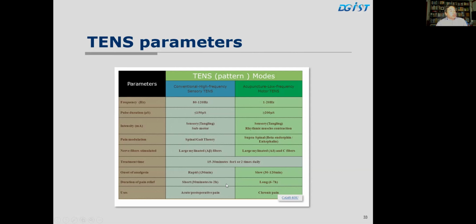The duration would be shorter in this case with the sensory TENS, and longer because it's predominantly more of an opioid release in the motor TENS. The sensory TENS will be for acute postoperative pain, and the motor TENS will be more for long-term chronic pain.